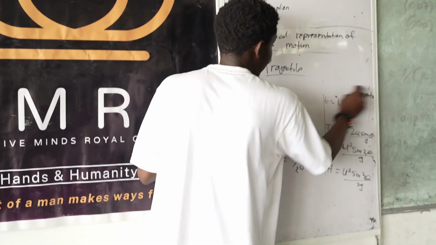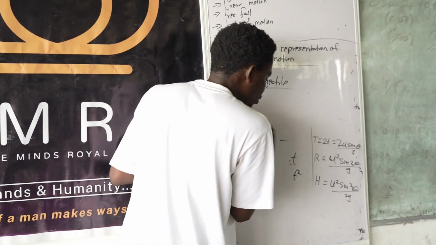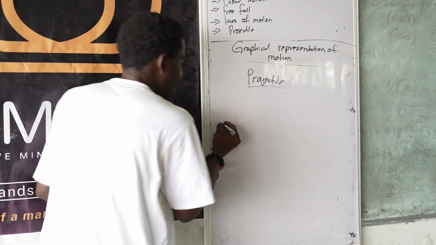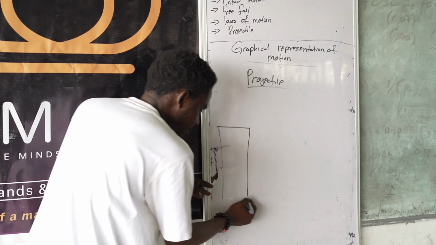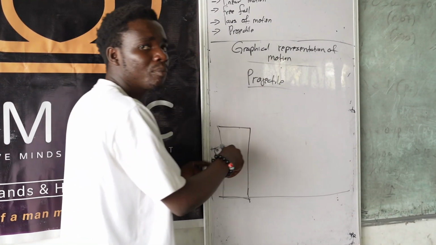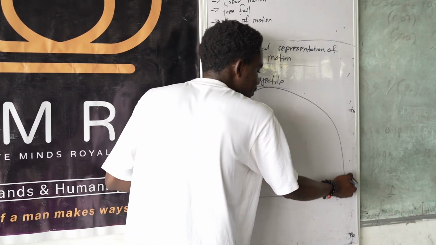This kind of scenario is a special one. If they ask you this, it means they want to test your understanding. Let's assume I'm on a mountain, at a particular height, and I'm projecting something. I kick it upward, and it gets projected in this form.